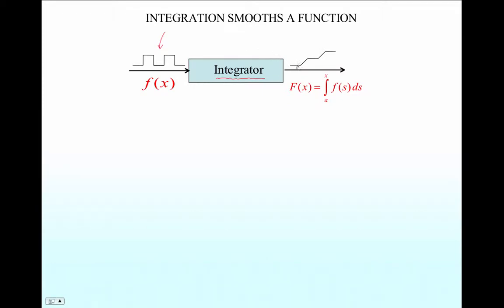Nevertheless, what comes out of the integrator, in other words, the integral from some fixed value up till x, which is why you have a function of x here, that function of x is connected, it's smooth, it's continuous. And so it is very well possible that the integral of a discontinuous function is a continuous function.